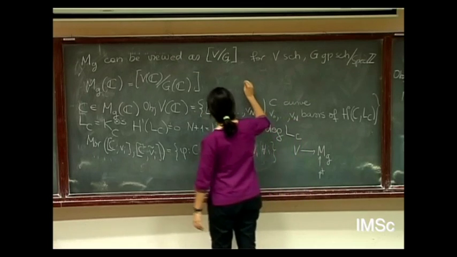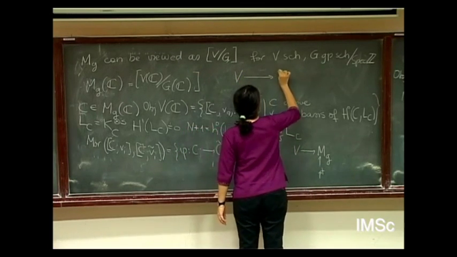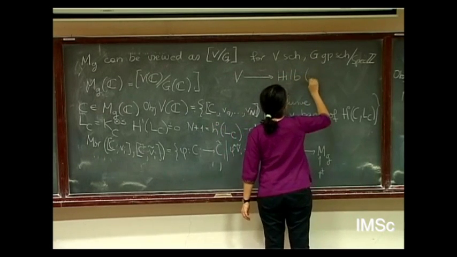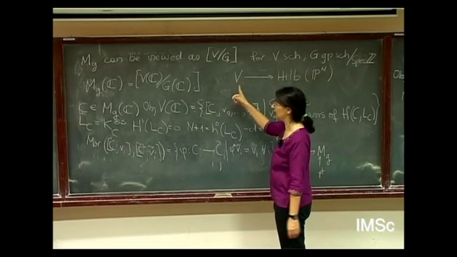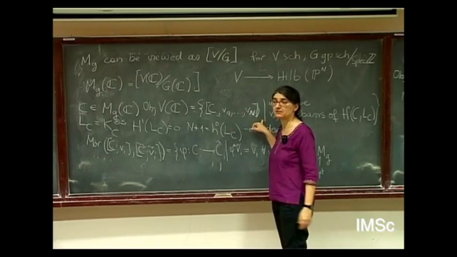And I have a natural map from V to the Hilbert scheme of Pn, which sends a curve to the image in Pn given by this explicit basis.